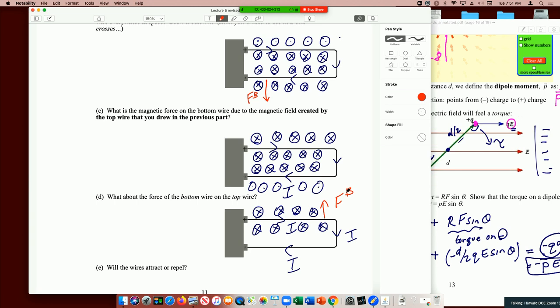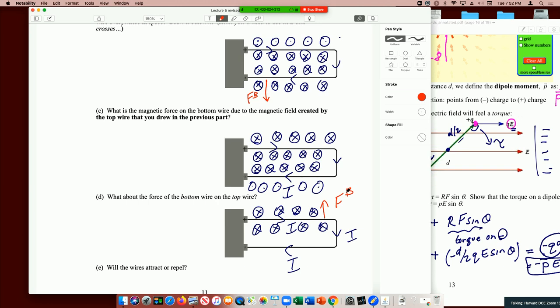Yeah? No? Okay, so just literally look at my hand relative to the screen. I'm talking just about the top segment of the wire right now. I'm putting my fingers in the direction of the current, right? I'm curling them in the direction of the magnetic field. The magnetic field is going into the screen at that point up above, right?